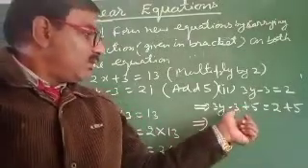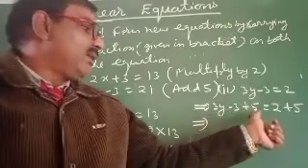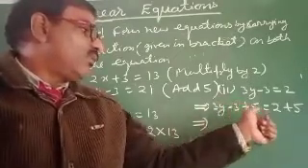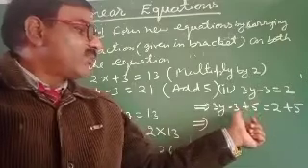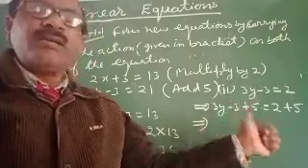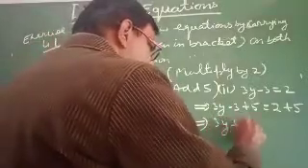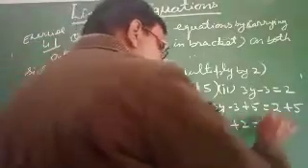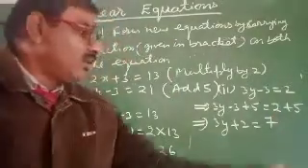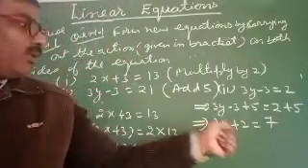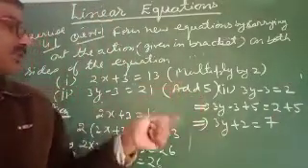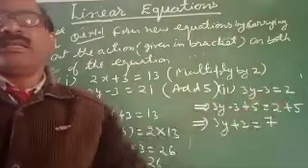Here is minus 3 and here is plus 5. Therefore, combining minus 3 and plus 5, we get plus 2. Then it will be 3y plus 2 equals 7. This is the new equation when we add 5 on this equation.